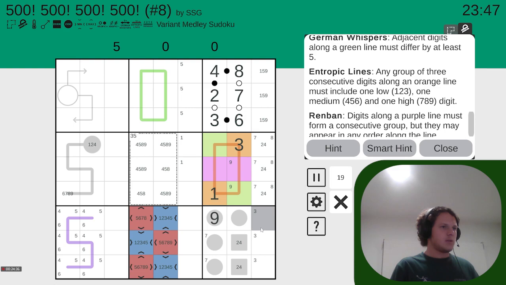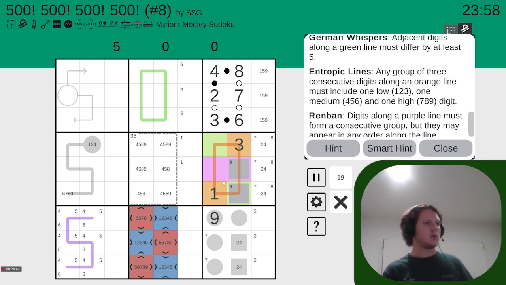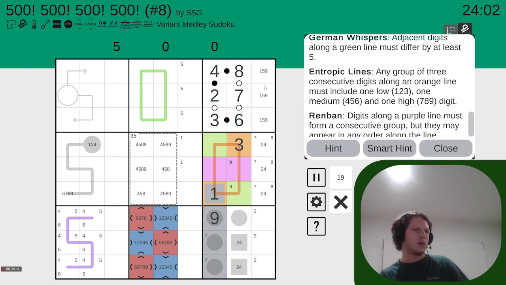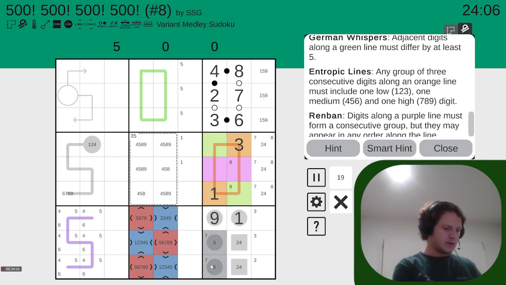Okay, where to now? No, these must be medium and high. 7 and 8 are both high, which means one of those has to be a 9. What digits do we need? Okay, now the 1 has to go down here by Sudoku, which means this is a 5, 7.